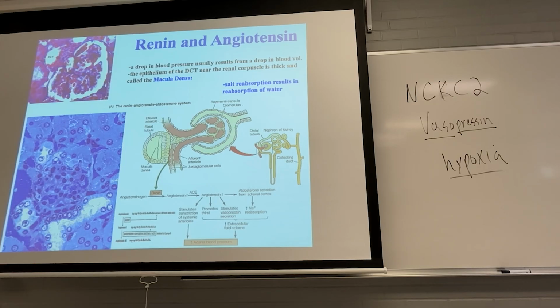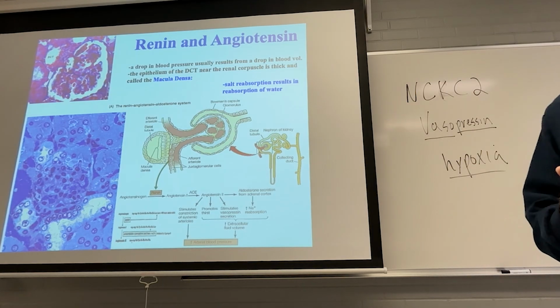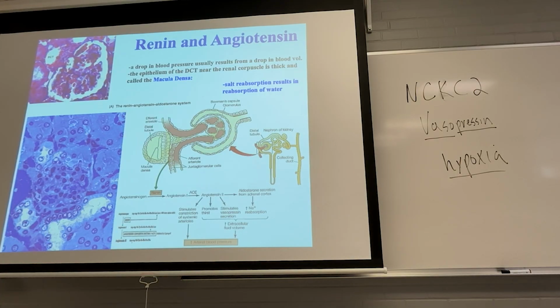Aldosterone goes to the collecting ducts and tells them to reabsorb sodium chloride. And remember, water follows solute, doesn't it? So this will help not only absorb sodium chloride, but also help ADH absorb water out of the filtrate and back into the blood supply. Both will concentrate your urine.